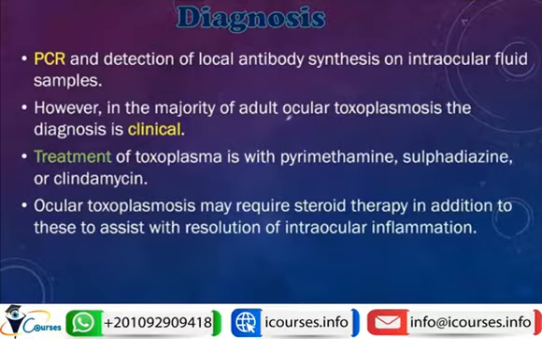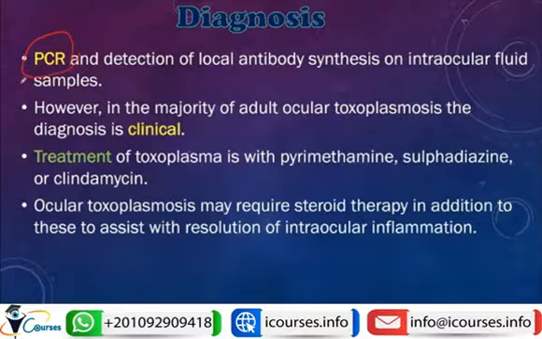Toxoplasma can be diagnosed by several methods. The PCR will be the gold standard, or the definitive way of diagnosis, by detection of the IgG and IgM against the toxoplasma in samples from the eye, like the aqueous humor or the vitreous.